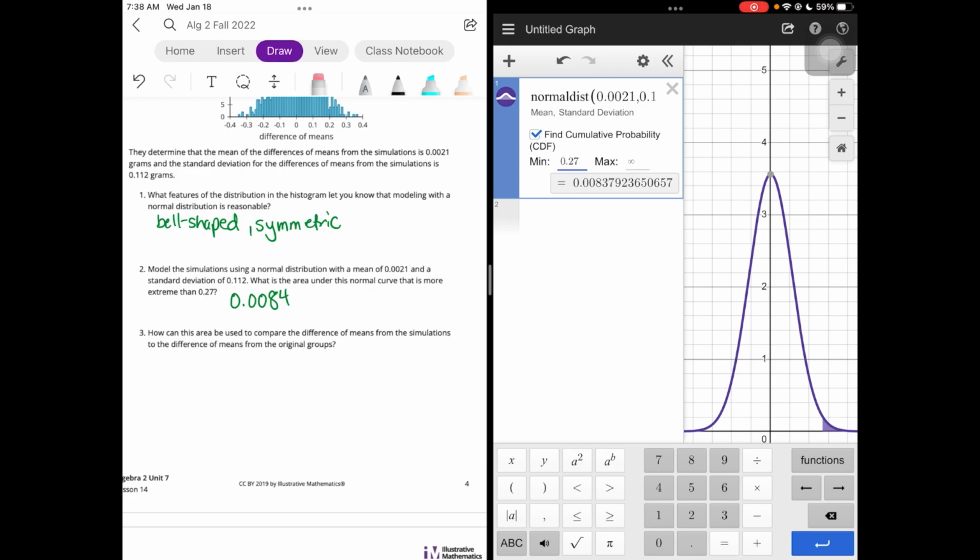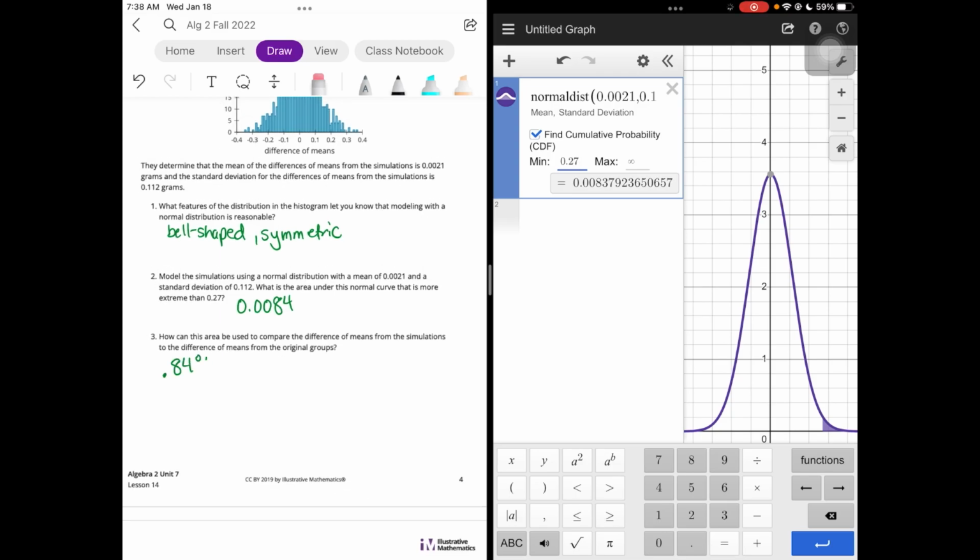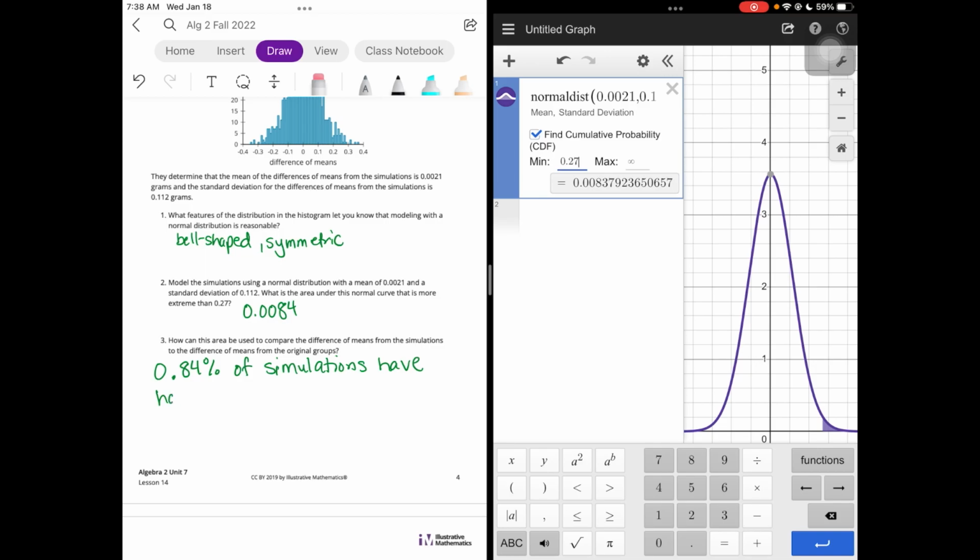So this means that 0.84%, not 84%, 0.84% of the simulations have a difference of means greater than 0.27. That is a very low percentage.